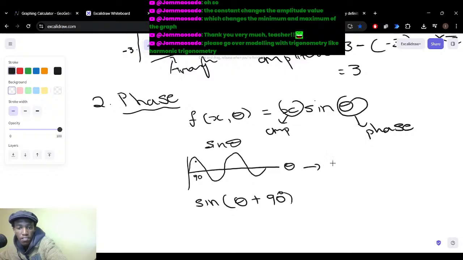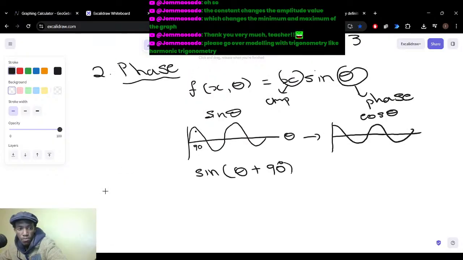If you shift this graph by 90, it will resemble something like this. So you see now it sort of resembles cos theta. But what we have done is we have just shifted our phase by 90 degrees. So that is it for the phase.